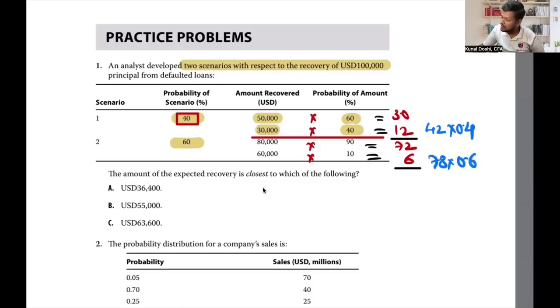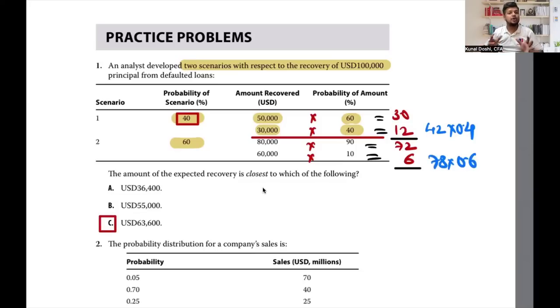So 78 into 0.6, store 2. Overall, I will add both. If you add both, you will get 63.6. Clear?